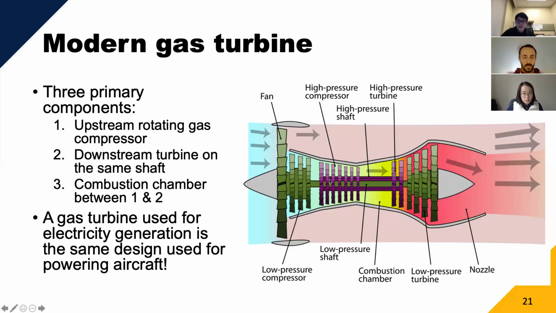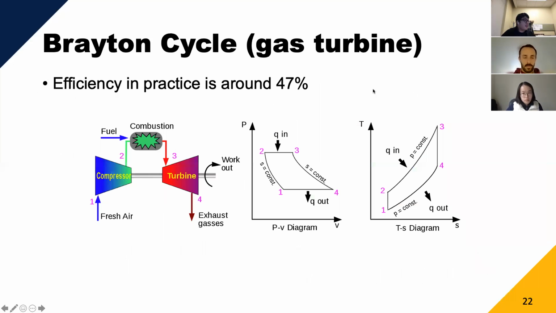Okay, so this gas turbine is a Brayton cycle with an efficiency in practice a little bit higher than in the Rankine cycle. This is closer to 50%.